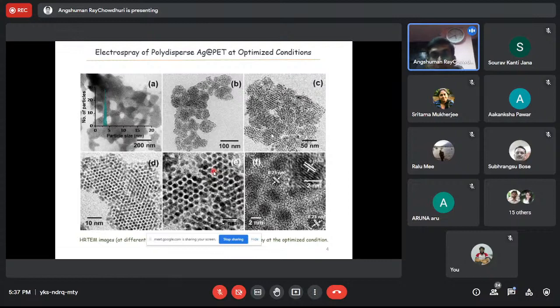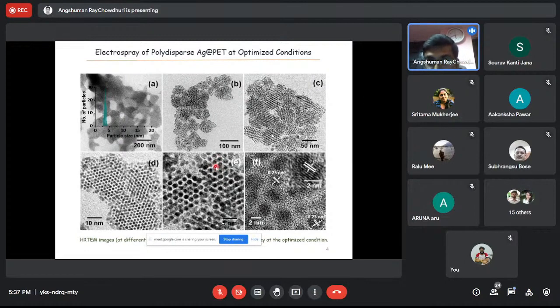This is the PET we are using, phenyl ethanethiol. The size of the phenyl ethanethiol molecule is observed to be 0.7 nanometer. And this nanoparticle is also protected by phenyl ethanethiol, and this one is also phenyl ethanethiol. So there will be two phenyl ethanethiol layers, and they are interdigitated.